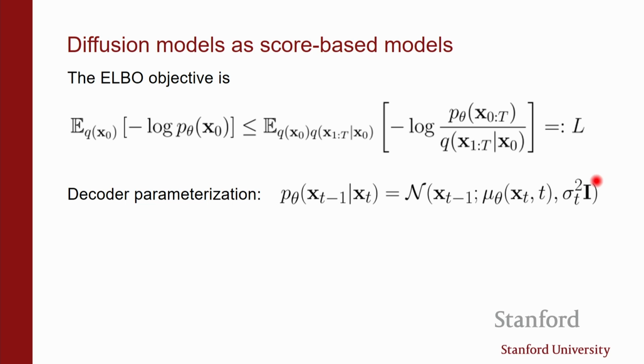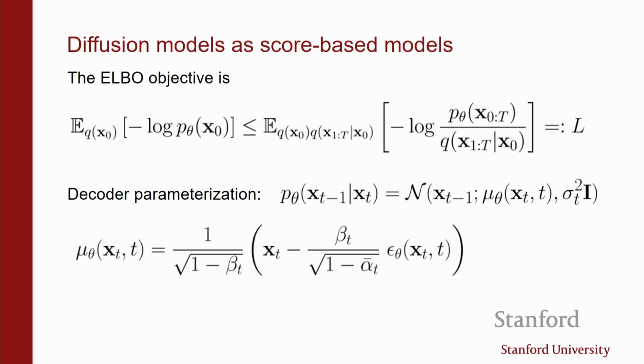And the interesting thing is that if you parameterize these neural networks, they'll give you the means of these Gaussians using this form, which depends on these betas and these alphas, not super important.